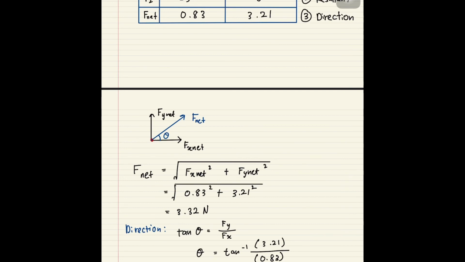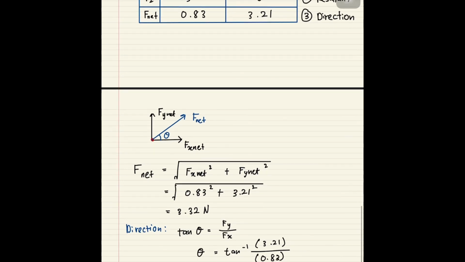Okay, I got here 75.5. I might have to repress to double confirm. I still get the same. 75.5. This is a degree, so put a degree over there. Okay.